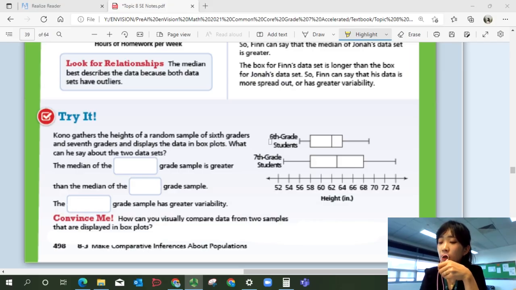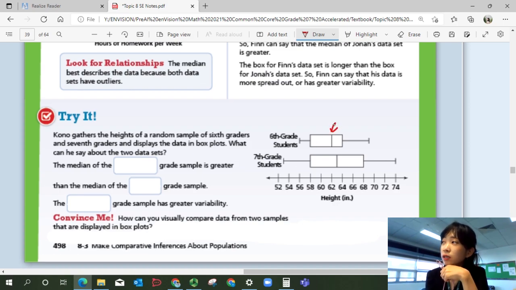So let's start checking your answers. The median of the blank grade sample is greater than the median of the blank grade sample. So that's the top one. The top box is 6th grade, bottom box is 7th. So you see 6th grade's median here, 7th grade's median is here.